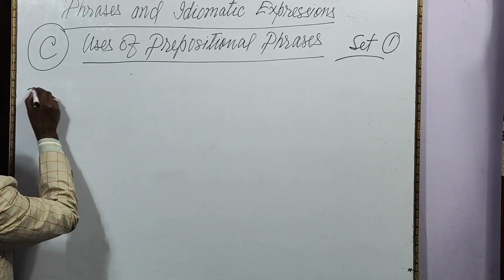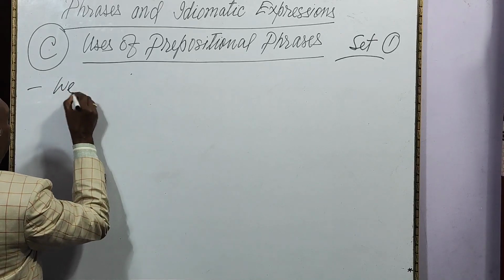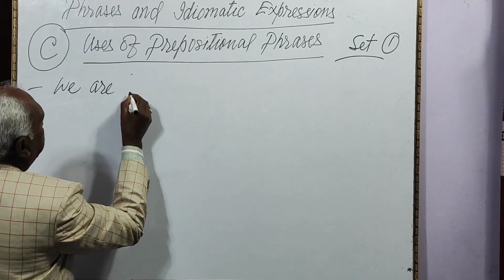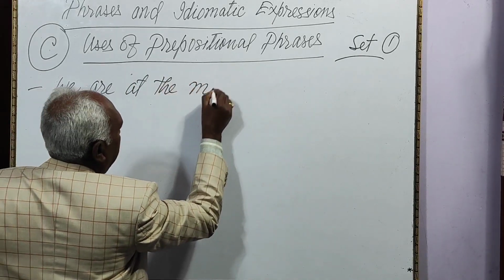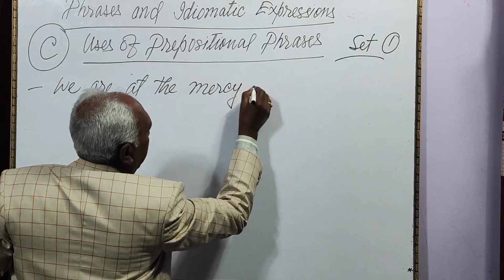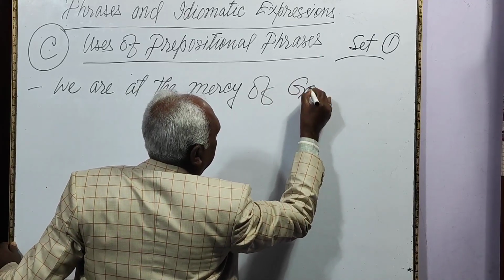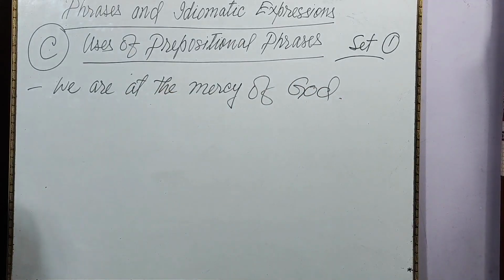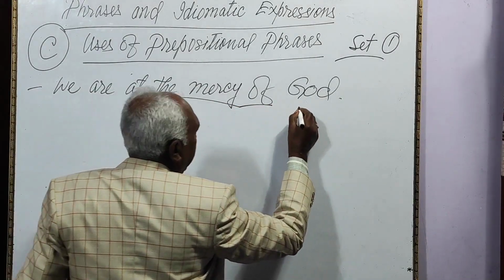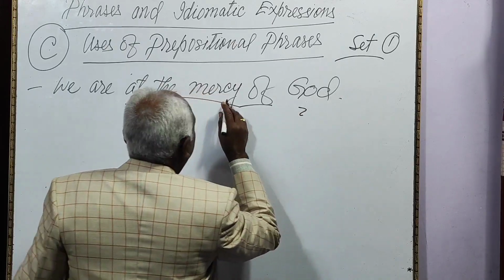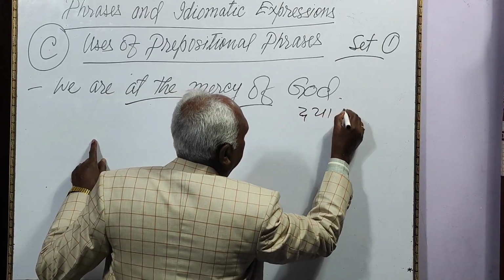Next, prepositional phrase. We are at the mercy of God. We are at the mercy of God. At the mercy of, here means दया पर.